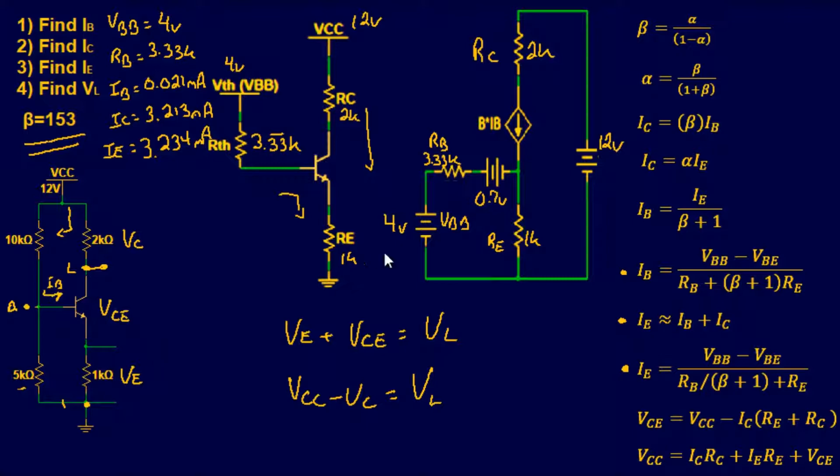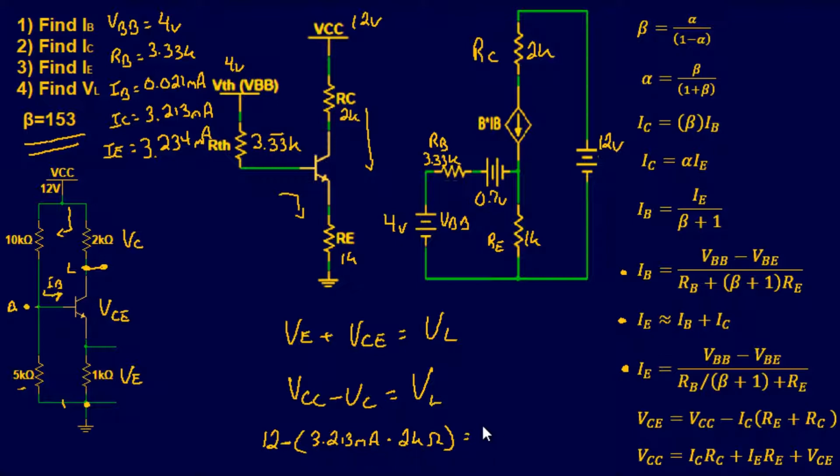So VC is the same thing, our resistance times our current. So plug and chug that in our calculator is going to give us a voltage drop of 12 volts minus, and we'll say it's 3.213 milliamps times 2 kilo ohms.